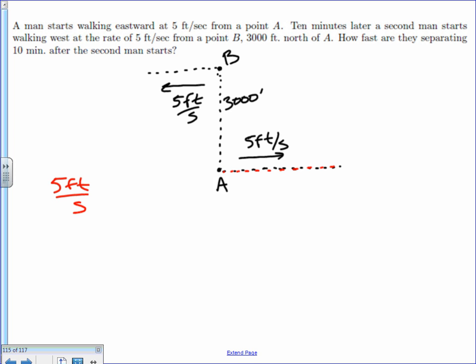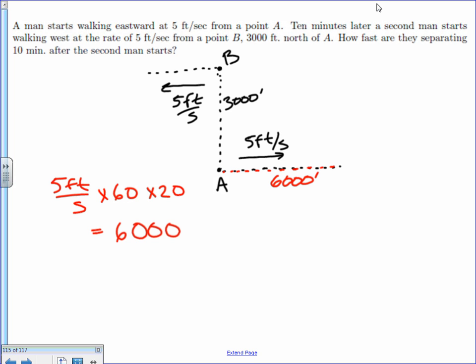Converting, that's 5 feet per second times 60 seconds in a minute times 20 minutes, which gives us that man A traveled 6,000 feet. So this side is going to be 6,000 feet long.